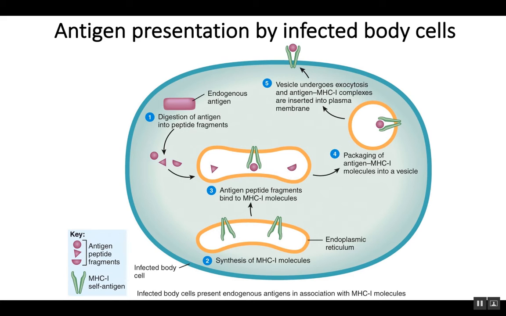Are they going to present to the cytotoxic T cell, or are they going to present to the helper T cell? If you think back to the previous slide, you don't want a macrophage to present to a cytotoxic T cell because then it's going to get destroyed. That macrophage was just doing its job. It's not infected. This guy, that's a different story. This guy is infected. So we want to destroy this infected body cell.